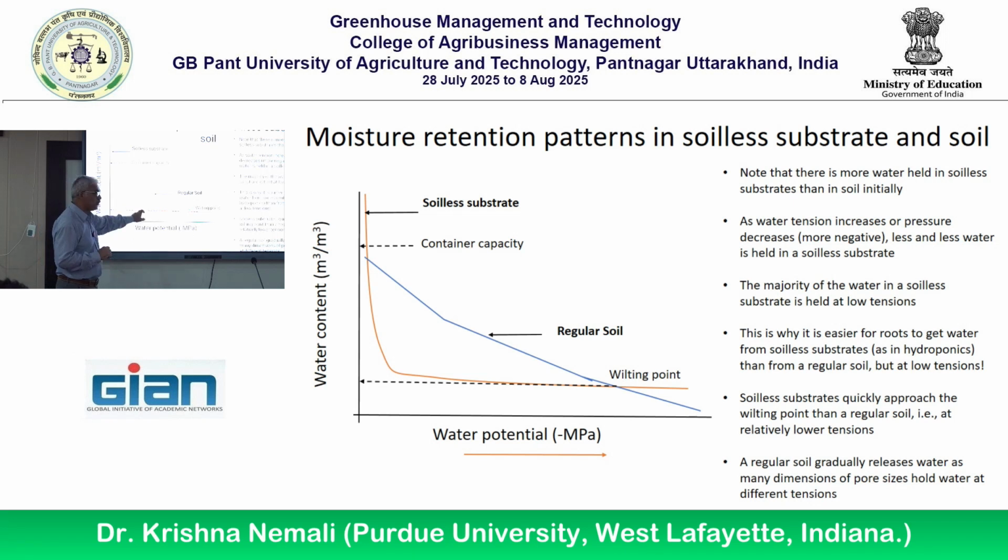A soilless substrate is an artificial soil. You have taken peat, vermiculite, and other things, mixed them, and created some pore space. That pore space has a definite amount of macro, meso, and micropores. But regular soil is a natural formation of millions and millions of years.